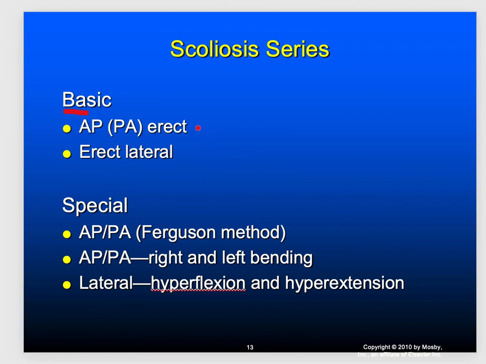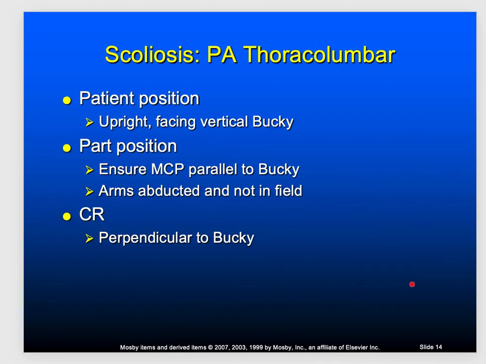Like I said, a lot of people are just doing AP or PA erect. The lateral is going to be something that, depending on clinic site or protocol, may not be done. A special AP or PA Ferguson method, which we'll talk about, AP or PA right and left bending, and then lateral hyperflexion and hyperextension. Okay, so those are the specials.